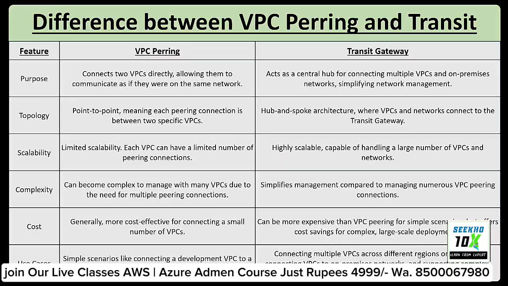So if you are connecting your VPCs from one region to another region, or from one account to another account, let us say I have my account and I have a customer account, and I want to establish communication between the customer account and my account, then at that point I require a transit gateway which establishes communication between the customer account as well as my account. So it's a large-scale networking architecture. For large-scale networking architecture, we will be using a transit gateway. Okay.